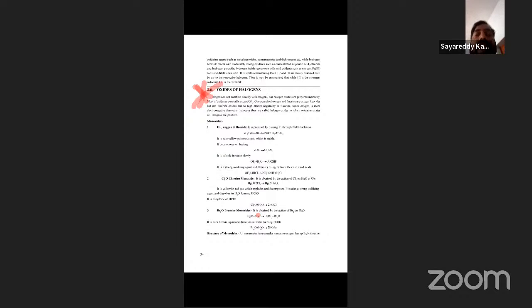What are the oxides? OF2, oxygen difluoride, monoxide.